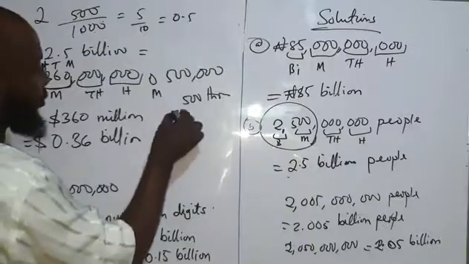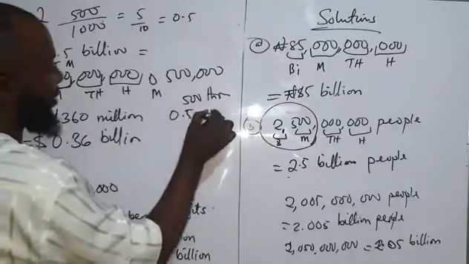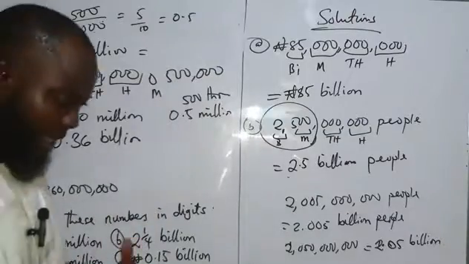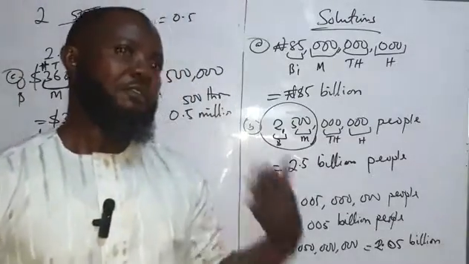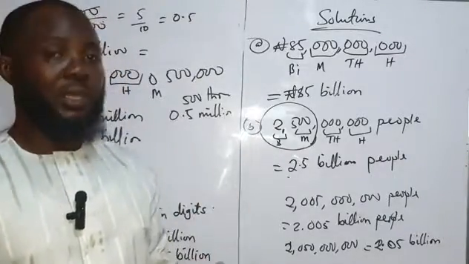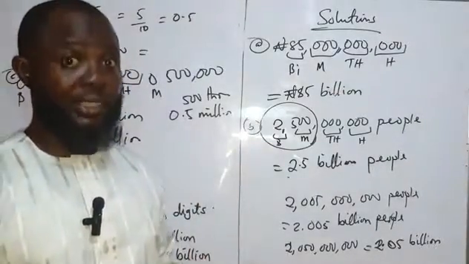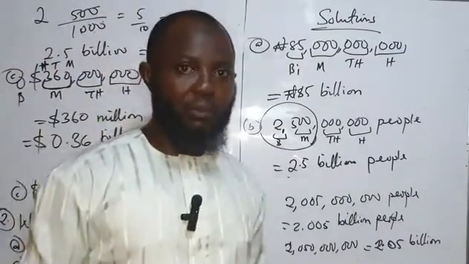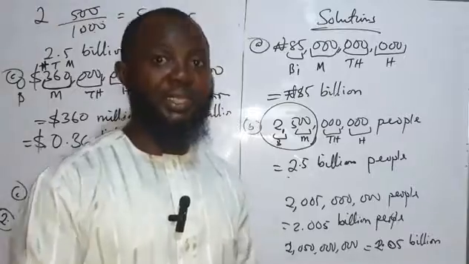So that would be 0.5 million. You are still saying the same thing as 500,000. If you listen to newscasters very well, if they want to pronounce 500,000, because they have a million, all they say is 0.5 million. 0.5 million is defined as 500,000.